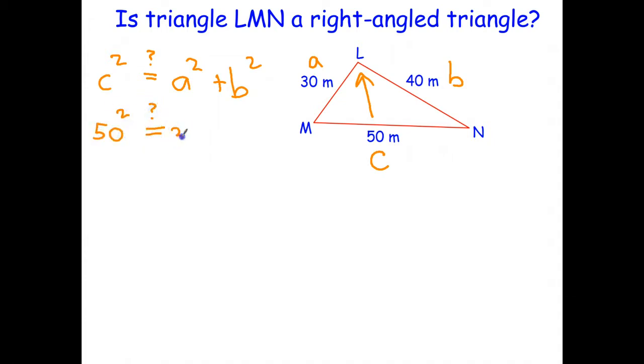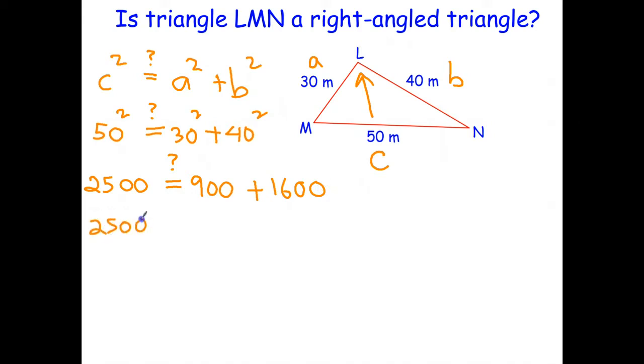In place of A, I'm going to put 30. In place of B, I'm going to put 40. Now 50 squared, well 5 times 5 is 25, plus a couple of zeros. 3 squared is 9, plus a couple of zeros. 4 squared is 16, plus a couple of zeros.